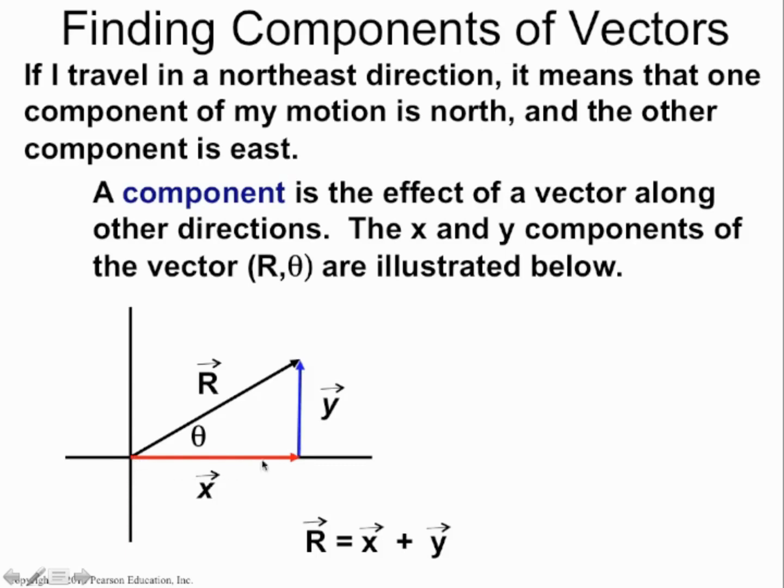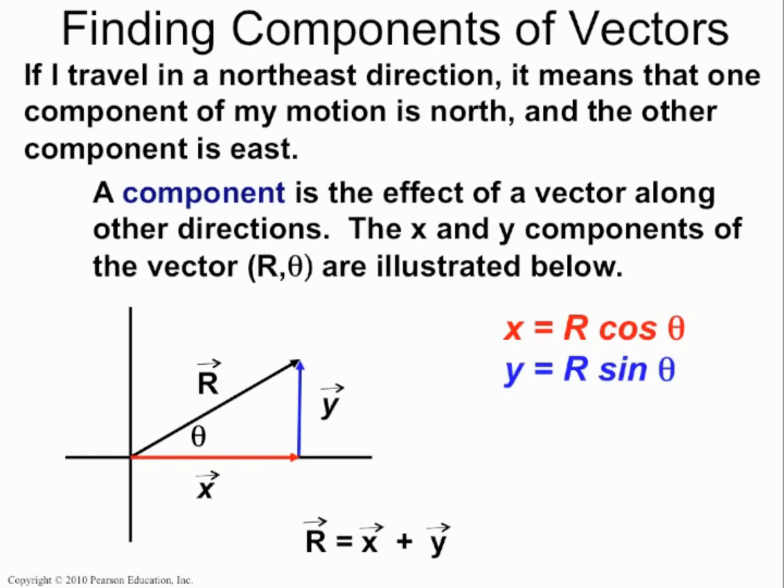We have x, and we lay that out. It's a horizontal vector. Then we put the tip of x lined up with the tail of y, which is a vertical vector. And notice where the tip of y ends up. It ends up right here, which is also going to be the tip of our resultant vector. So vector r is the vector sum of vector x and vector y.